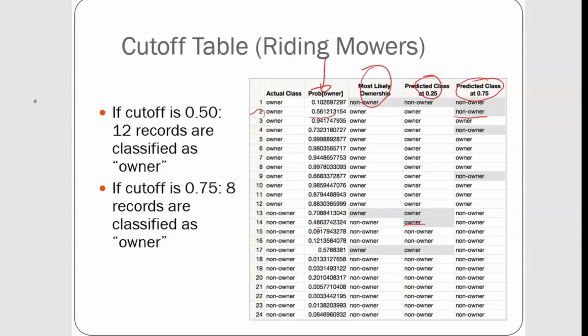The second observation belonged to class 1; the actual observation was an owner. With a cutoff of 0.5, we correctly classified this individual as an owner. But with a cutoff of 0.75, we misclassified this person as belonging to class 0, a non-owner.